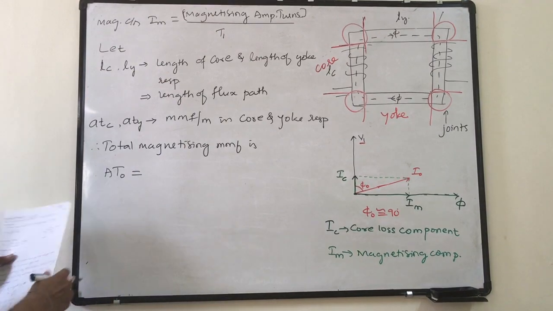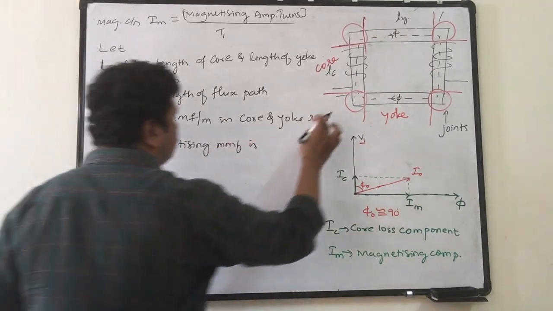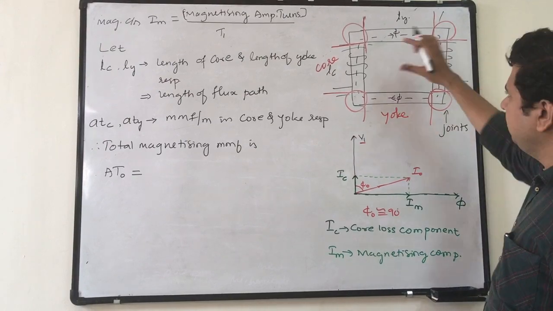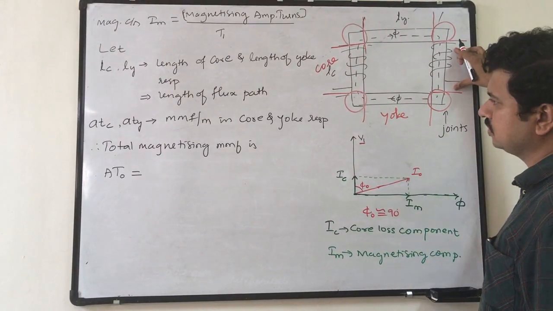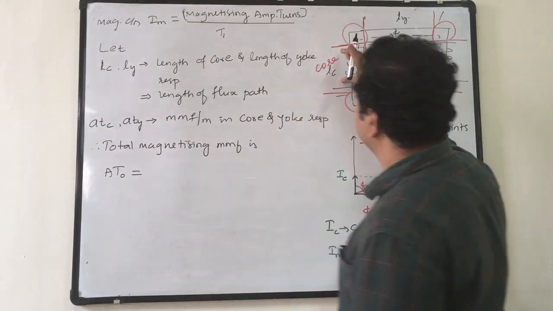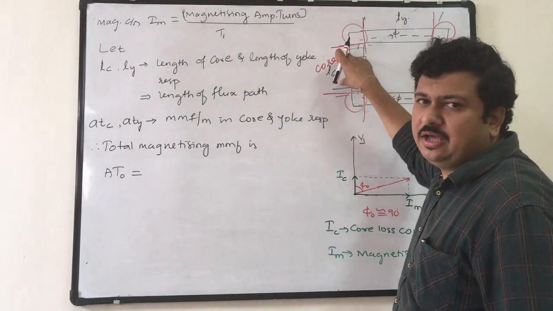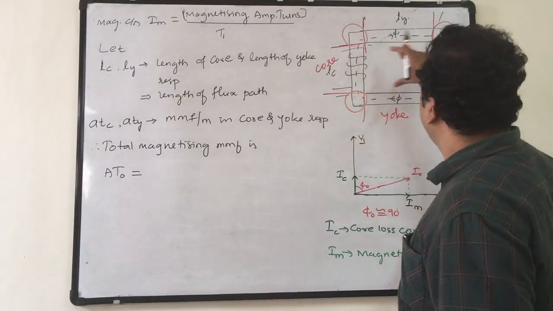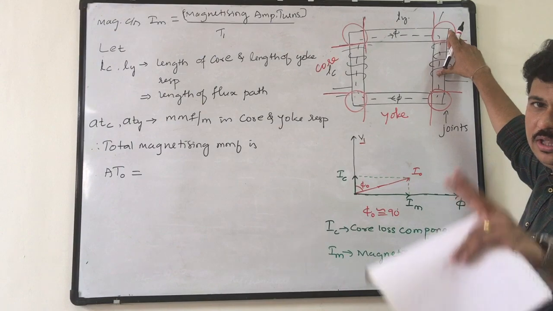AT naught is equal to, okay, so there are two cores. This is also core and this is also core: MMF in this core plus MMF in this core. So ATC is the MMF per meter in the core. How many meters do I have? I have LC meters, length of core here and length of core here. I have two lengths of cores.